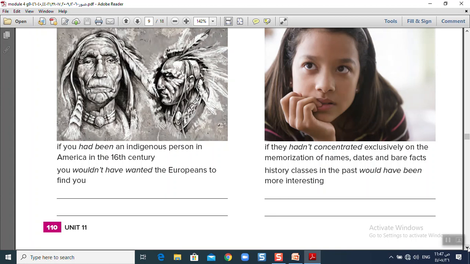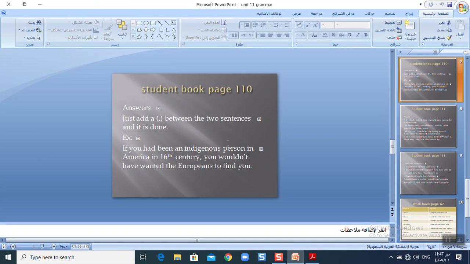Okay, summarize these two sentences. You write two sentences, but put a comma between both of them. If they're just in the middle, add a comma. You'll find the solution here. Answers. Just add a comma between the two sentences, and it is done. I made one, and you will do the other.